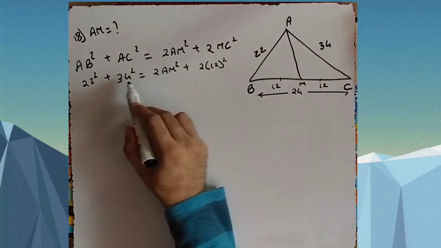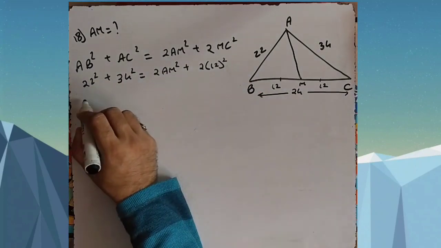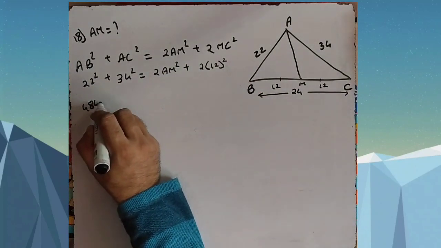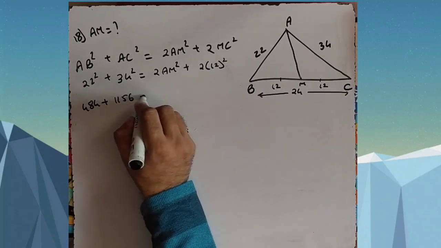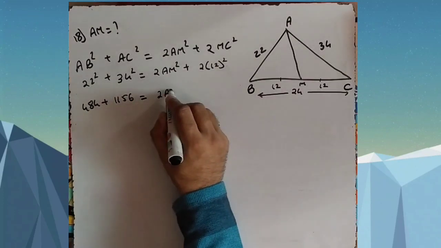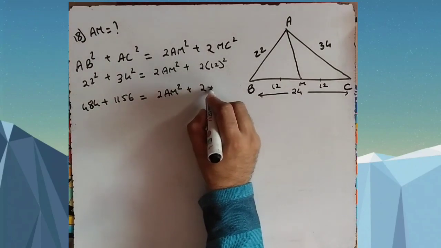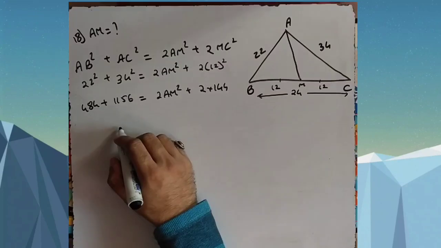22 square plus 34 square is equal to 2AM square plus 2 into 12 square. Substituting the values, 22 square is 484, 34 square is 1156, is equal to 2AM square plus 2 into 144.